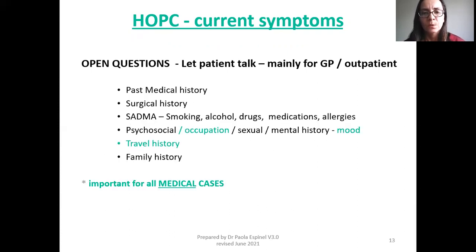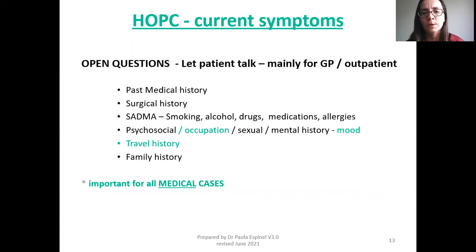Past medical history: we need to always check what else is going on, surgical history, psychosocial history, medical cases as well. For some patients, all the diagnosis or all the information will come from a travel or an occupation basis.